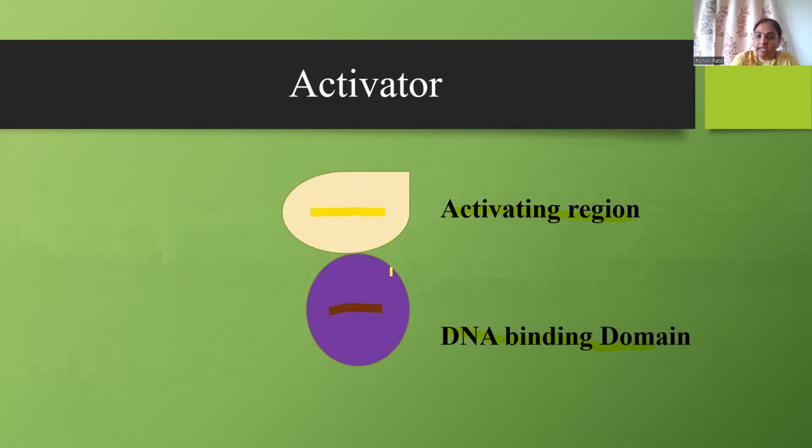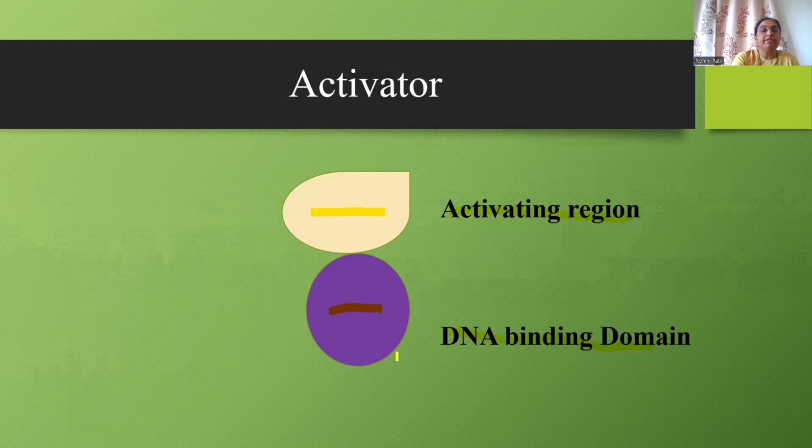Then that activator is able to interact with the DNA, and with the basal transcription apparatus for the expression of the gene. And these two domains are present on two different proteins or peptides, and those two different peptides interact with each other to give you the complete activator.